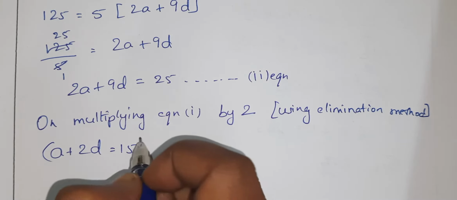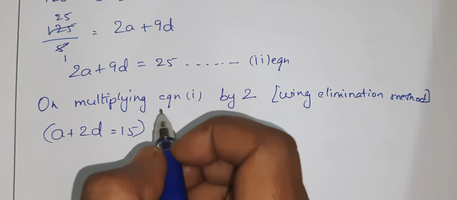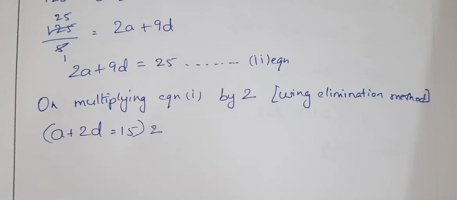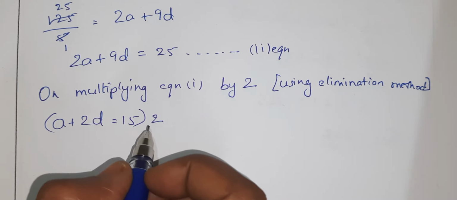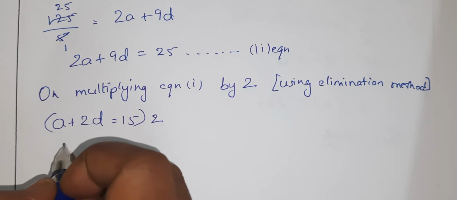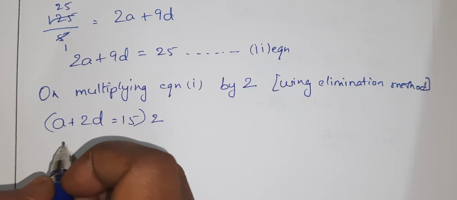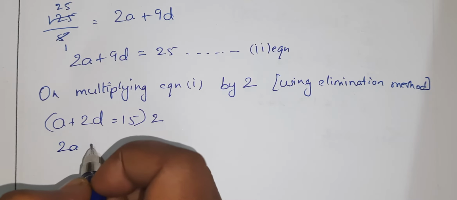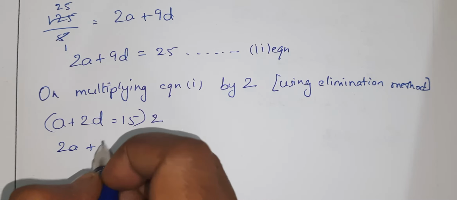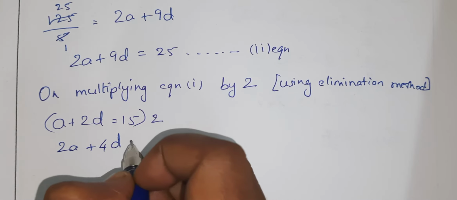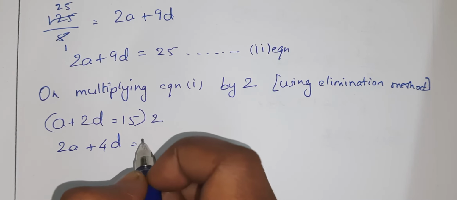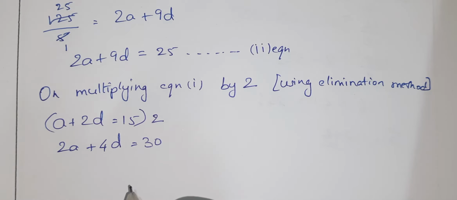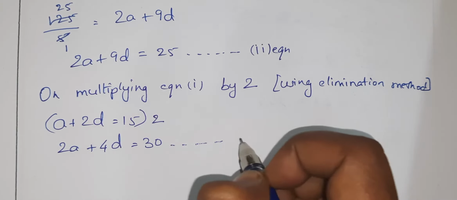We are multiplying the whole thing with 2. Then we'll get 2 into a, 2a, plus 2 into 2, 4d, equals 2 fifteens are 30. This is our third equation.